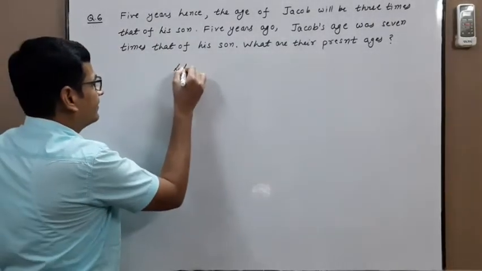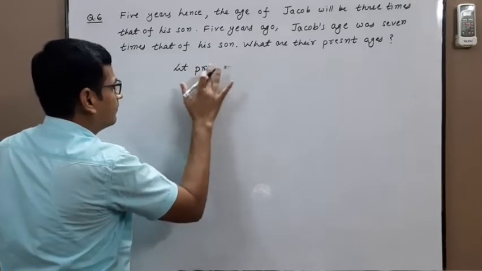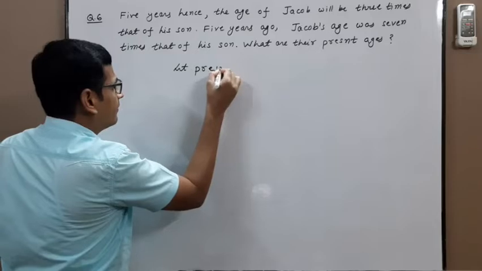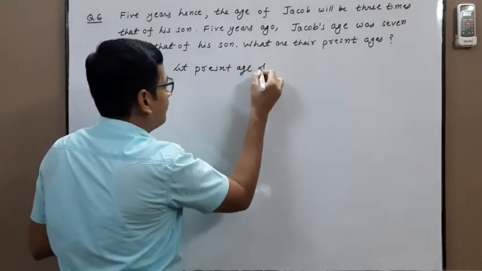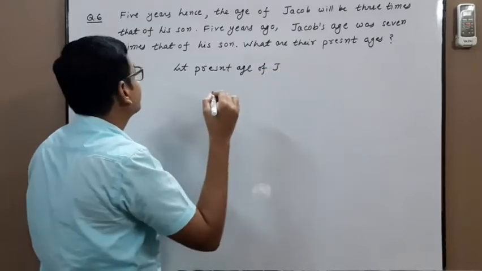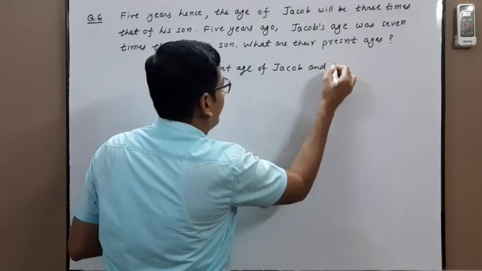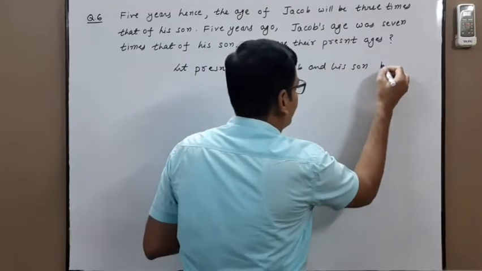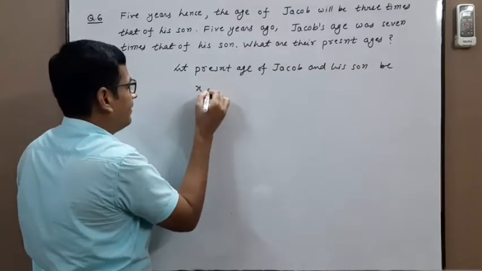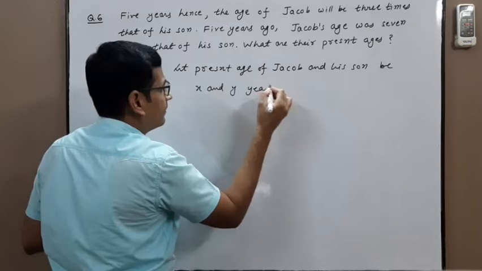So let the present age of Jacob and his son be x and y years respectively.